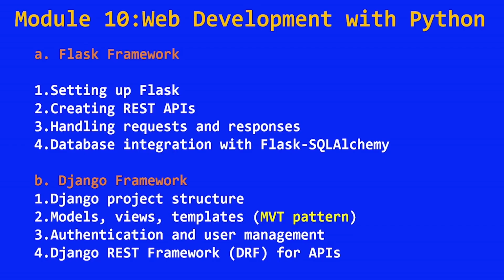APIs simply means application programming interfaces, and they will include also handling requests and responses, database integration with Flask, SQL Alchemy, and the video after Flask framework will have a video on Django framework, which will entail Django project structure, models, views, templates or MVT pattern, authentication and user management, Django REST framework or DRF APIs.